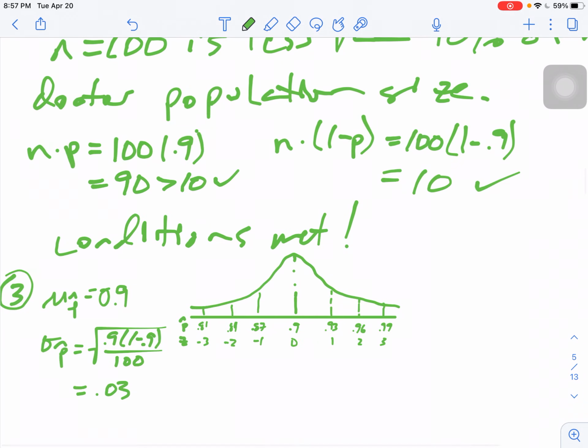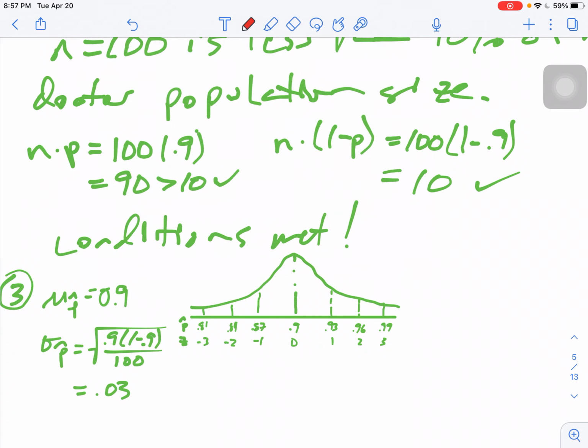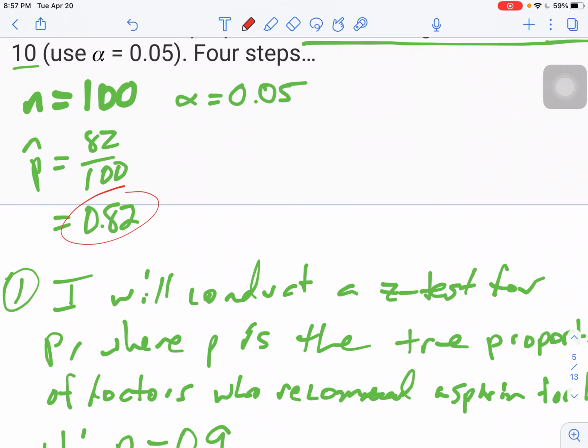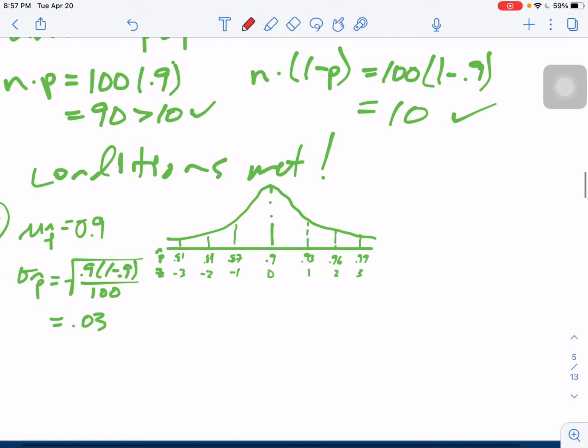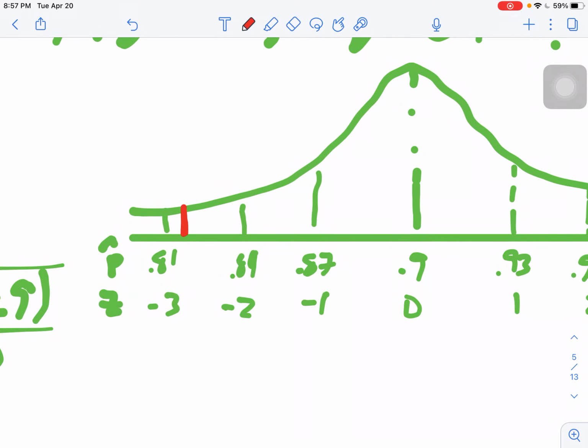Okay, so now what I want to do is place where that 82 out of 100 is, my p hat value. So I want to put that number on my distribution. So remember, that comes from here. This is p hat. I want to know where does that fit on my distribution. So p hat is going to be right about here, almost to 3 standard deviations below the mean.